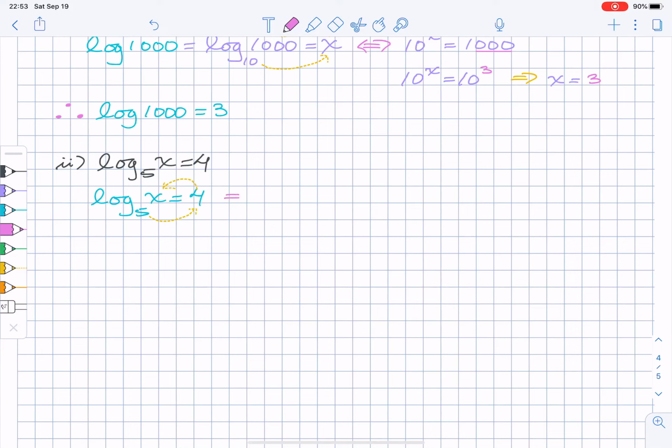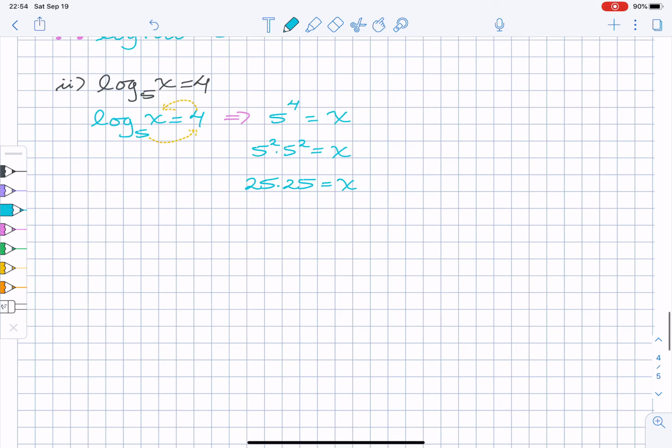So I can write this as base 5 raised to the exponent 4 is equal to x. Okay, what's 5 to the 4th? Well, that's 5 squared times 5 squared, which is x. So I claim that that's 25 times 25, or 25 squared, which is 625.